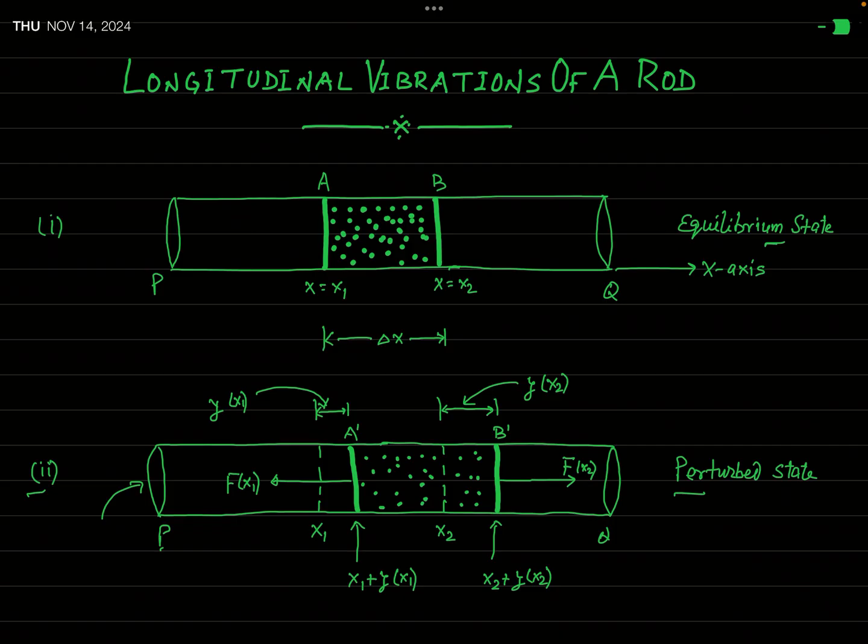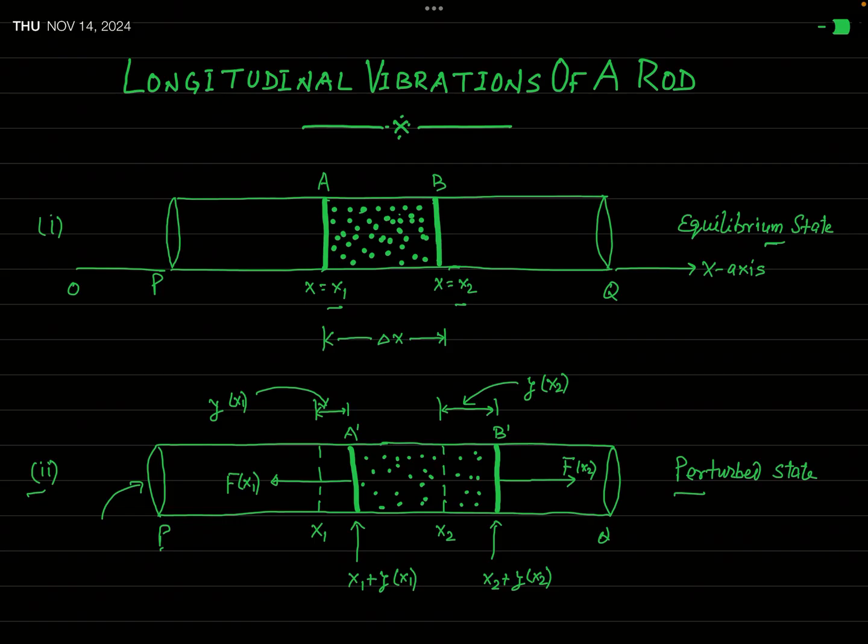We consider a thin slice, although in the figure it appears very thick, but in actual sense it is very thin. So between two sections or cross sections A and B, you can see in the first figure, I have considered a slice, and these dots actually represent the particles of this rod. Okay, and we consider that with respect to an arbitrary origin, let us say that this is our origin for calculation, the x coordinate of section A is x1 and that of section B is x2.